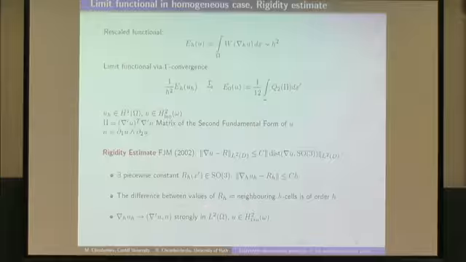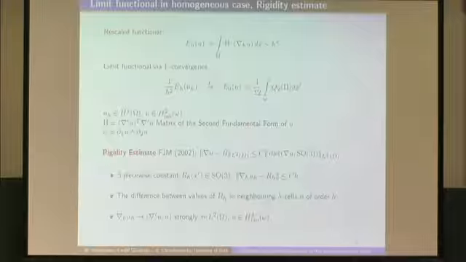And then having this in hand, you can argue that the gradient converges strongly in L2 to this structure. This is the gradient of the limit surface, the isometric surface. It depends only on two variables, x1 and x2, which are denoted by x prime.